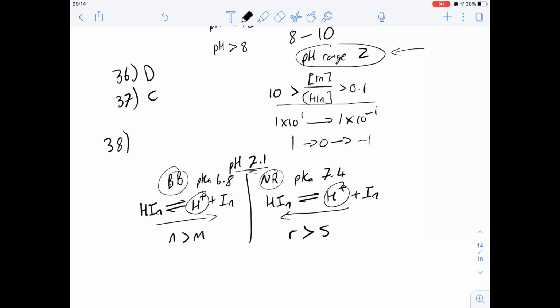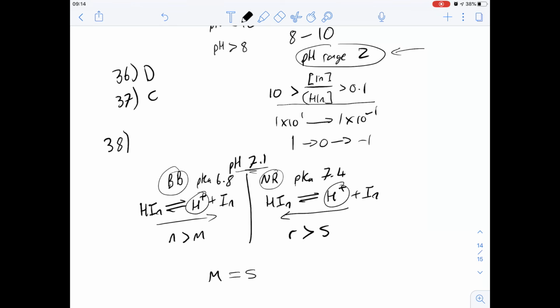So that's why we have these equal signs, because every time we have this protonated form of bromothymol blue, which is M, that's going to be equal to the amount of deprotonated neutral reds, because the hydrogen ions are being swapped between them. So we can say that M is going to be equal to S.